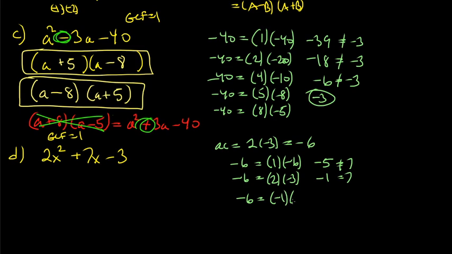So negative 1 times 6 and negative 2 times 3. But when you add those up, negative 1 plus 6 is positive 5, and negative 2 plus 3 is positive 1. But neither of these are equal to 7. And I don't see any other way to multiply two numbers to get negative 6. So after all that, this is just going to be prime.